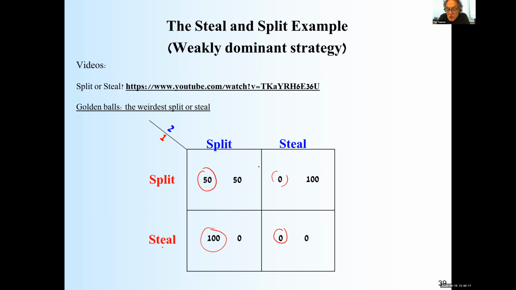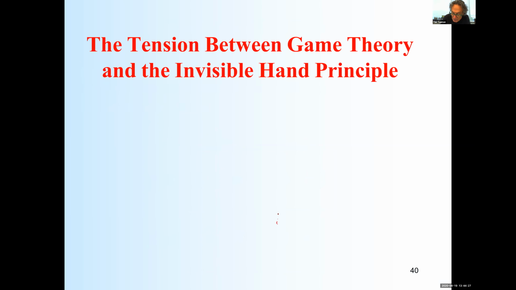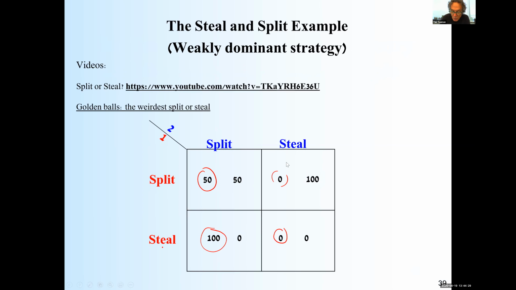Let's say that we assume that if both of them go steal, then each of them gets 1 cent, 0.01 and 0.01, instead of this. It's almost the same, okay?